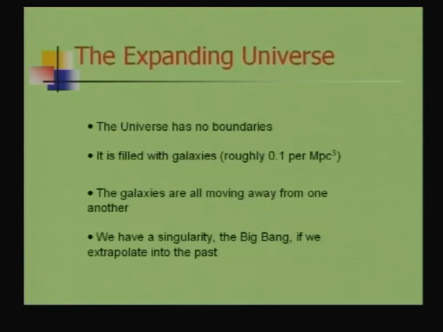Now what is this model, this picture that we have, the expanding universe? Let me give you the argument slowly. The universe is homogeneous. This is an assumption. Now if the universe is homogeneous, we expect the universe to be filled with galaxies, because we are sitting in a galaxy and we see galaxies around us.